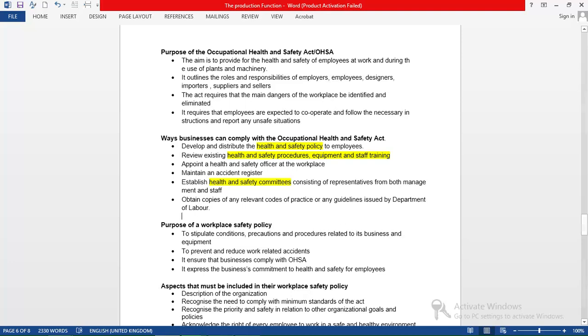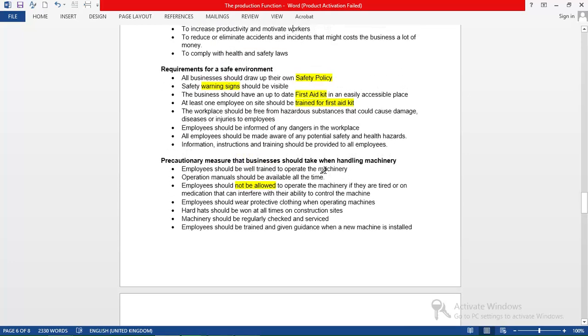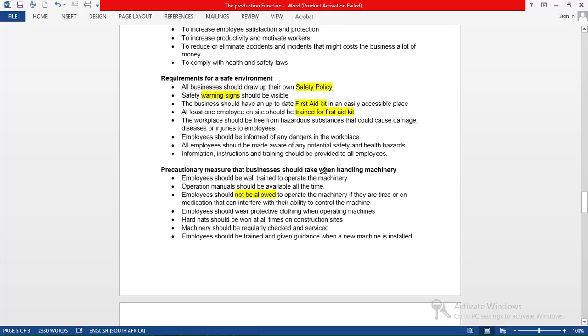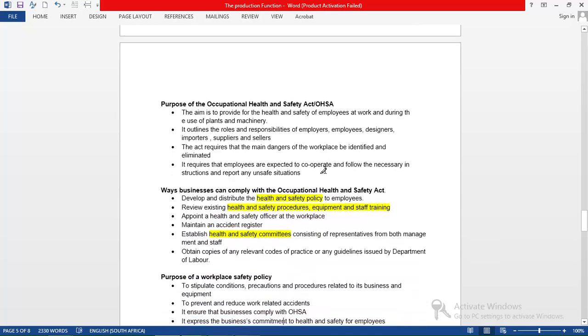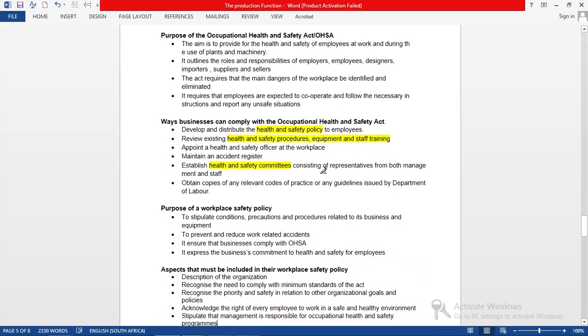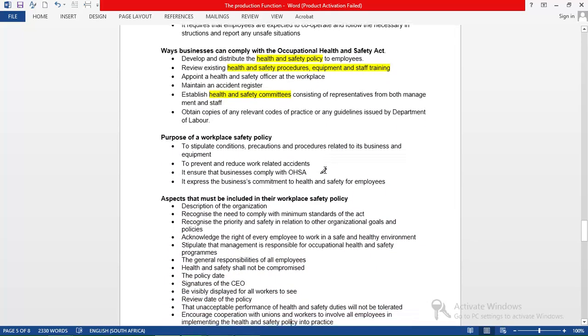Moving on, guys, what are the purposes of a workplace safety policy? I've been talking about the safety policy. I said the business should have a health and safety policy so that they can comply with the law, and if you remember, it was also part of the requirements of a safe environment. If you want to have a safe working environment, you should have a health and safety policy, right?